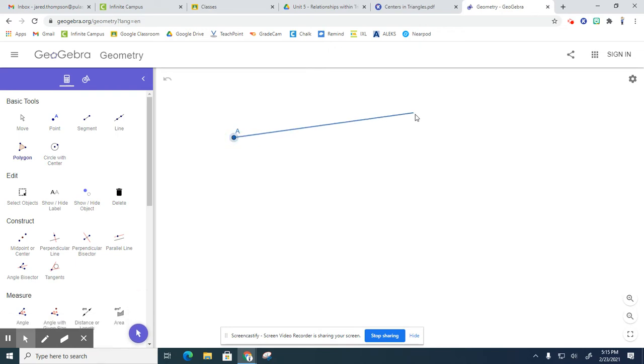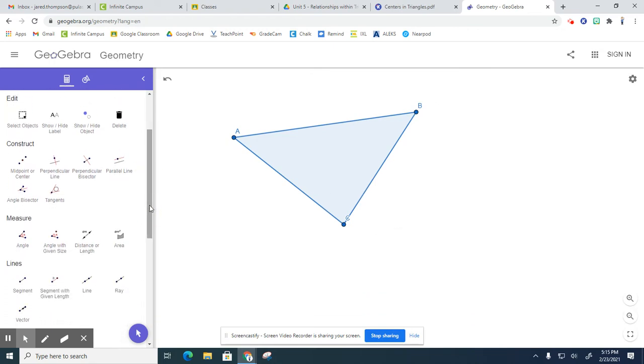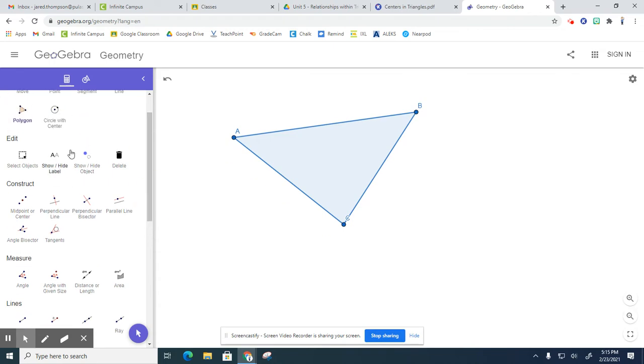So I'm going to make just a generic triangle, and I'm going to construct the circumcenter of this triangle. So I'm going to create the perpendicular bisector for every side. On my GeoGebra site right here is a perpendicular bisector.